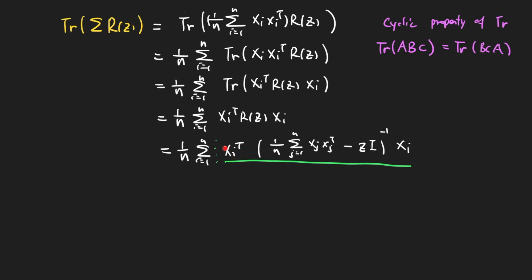But this data point is also used inside the resolvent because we have the sample covariance matrix. And that is exactly the challenging part. So it turns out that if we can remove the dependency of that particular data point xi, then that will give us a much nicer form for this equation. So this is exactly where the Sherman-Morrison formula comes in.